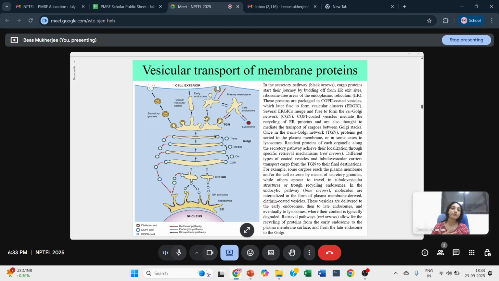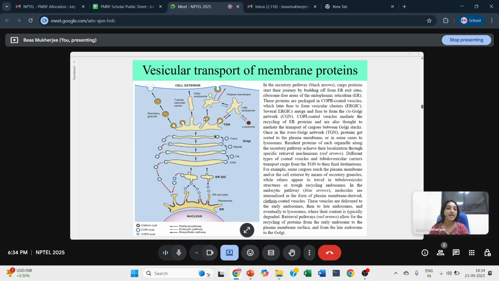So see, different types of coated vesicles and tubulovesicular carriers transport cargo from the trans-Golgi network to the final destination. For example, some cargoes reach the plasma membrane and or cell exterior by means of secretory granules, while others appear to travel in tubulovesicular structures or through recycling endosomes.